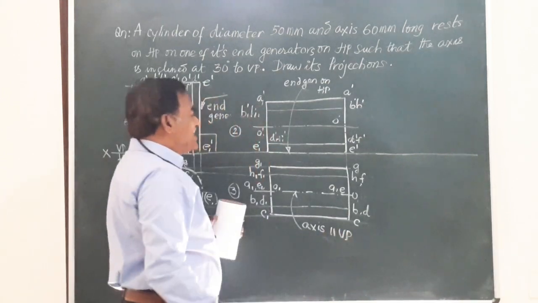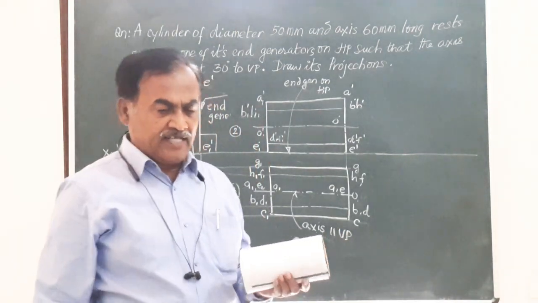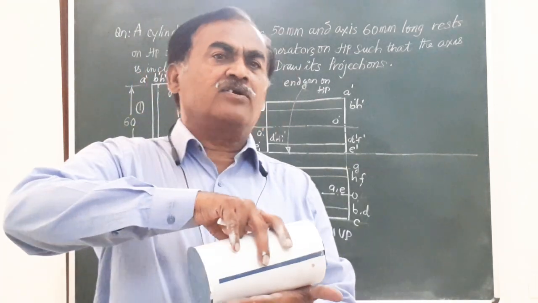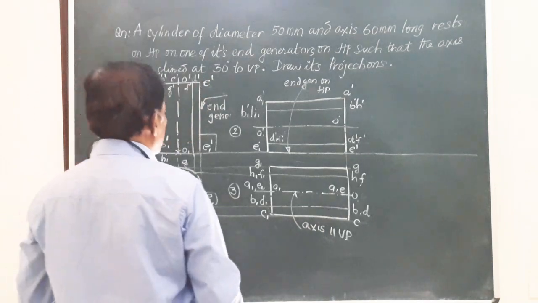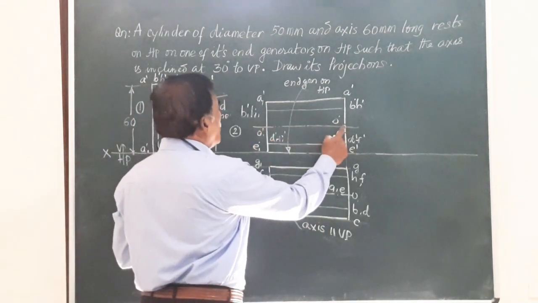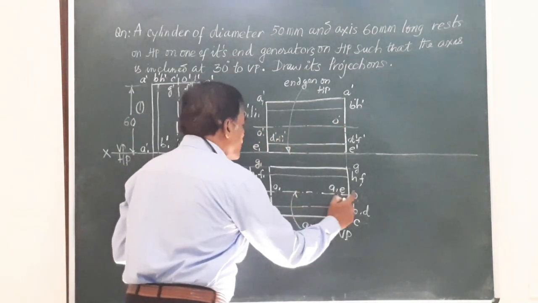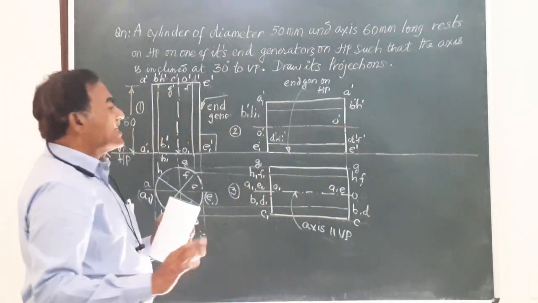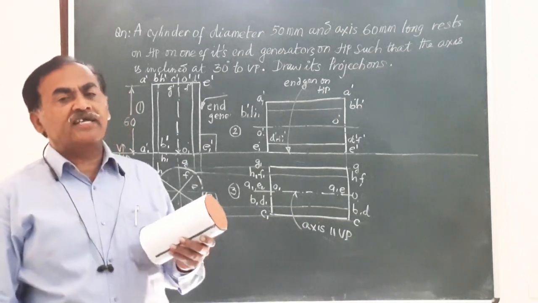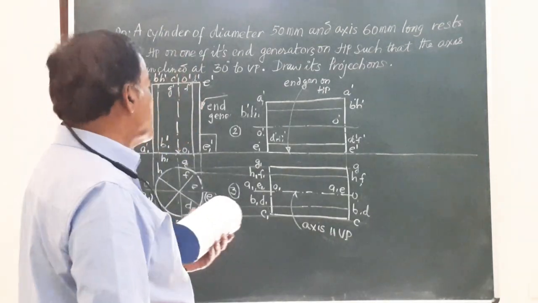There are two more things to be observed here. Whenever the cylinder is resting on HP on one of its end generators, the length of the axis O1 in the front view and that in the top view, O comma O1, these dashes, will be exactly the same and there won't be any change in the dimension.